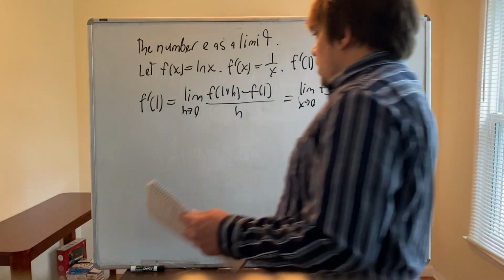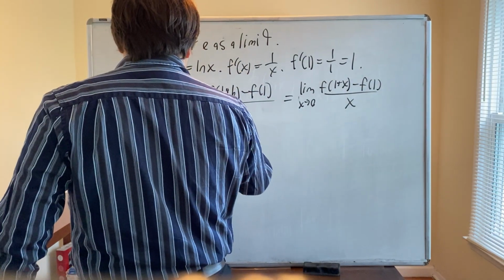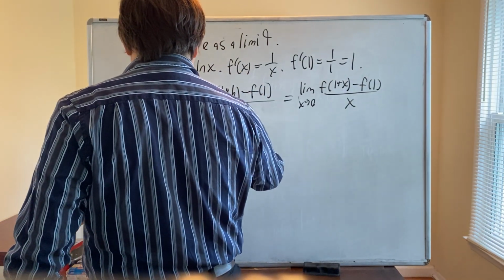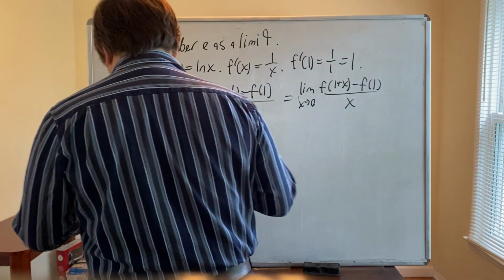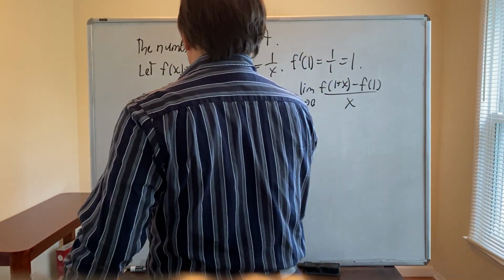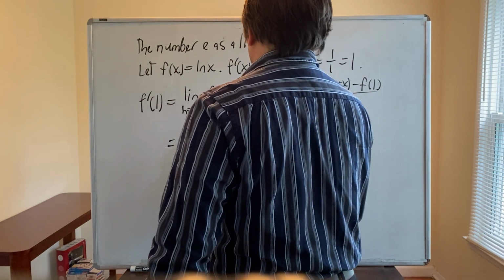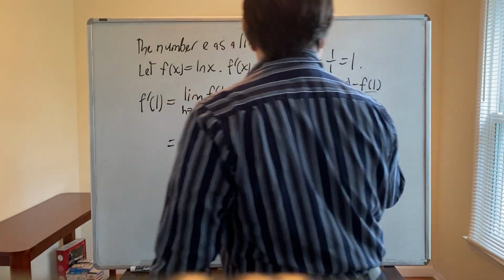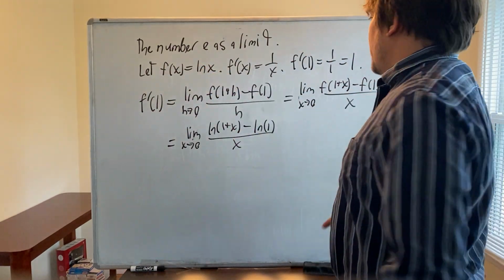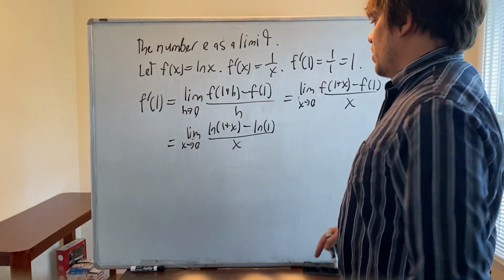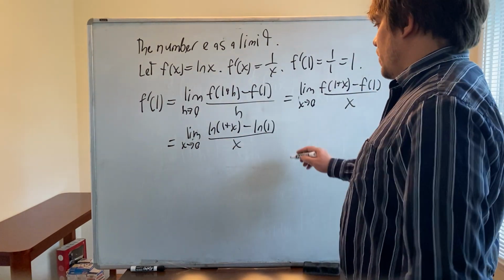Okay? That equals the limit as x approaches 0 of ln of 1 plus x minus ln of 1 over x. Right? f of x is ln of x, and so f of 1 plus x is ln of 1 plus x. f of 1 is ln of 1.